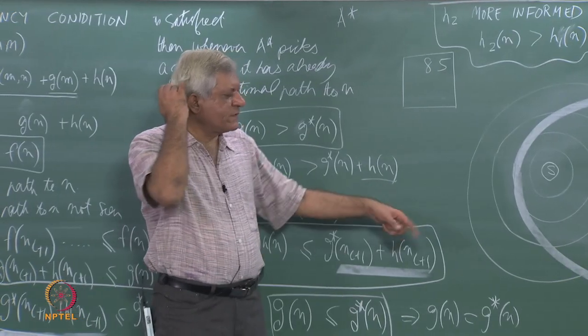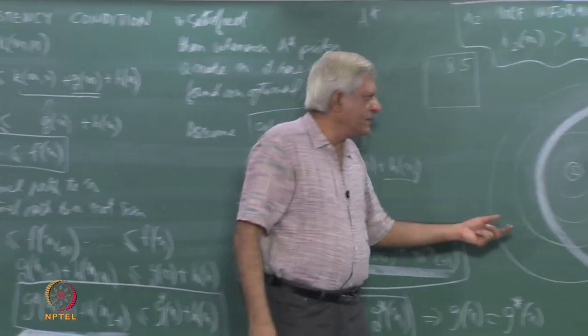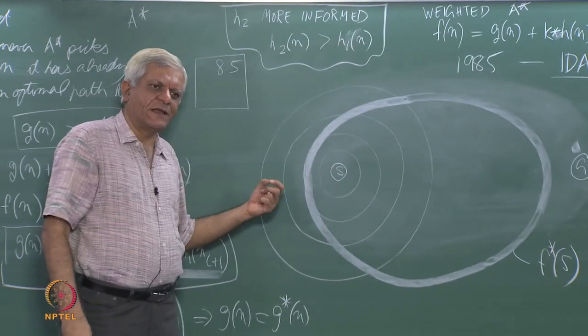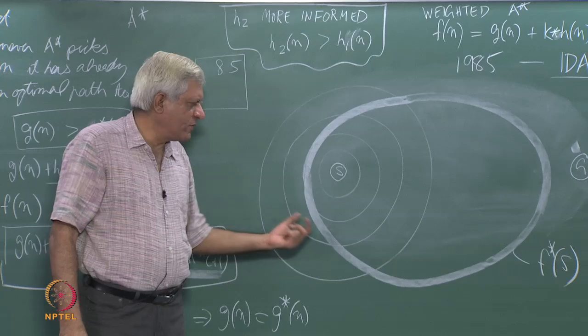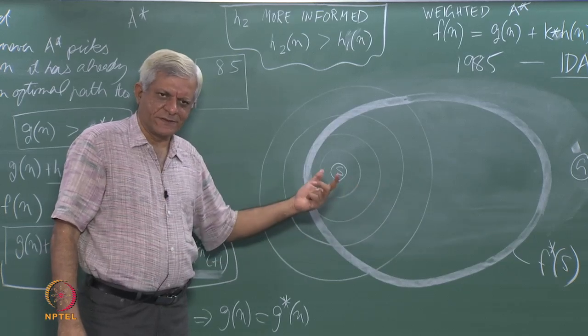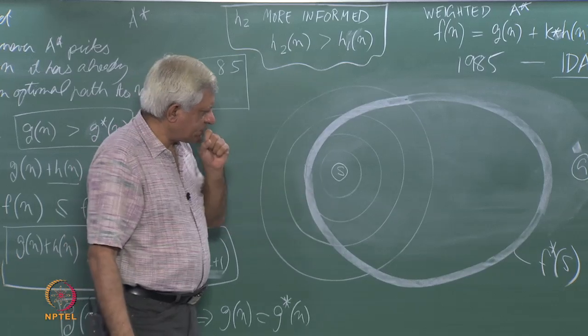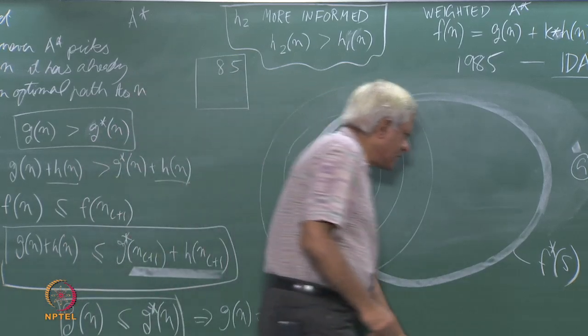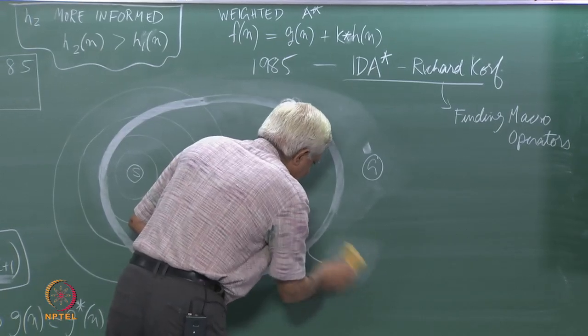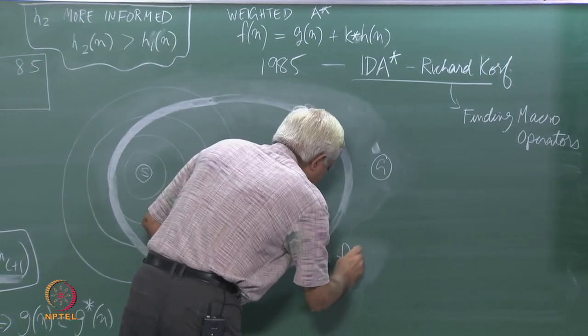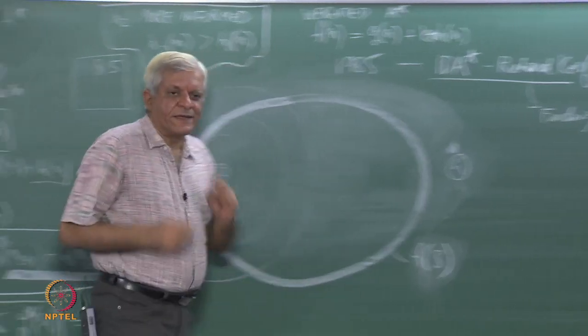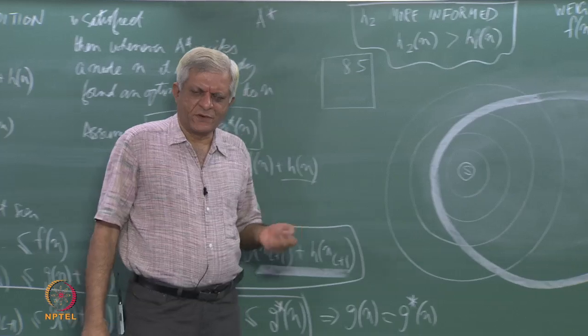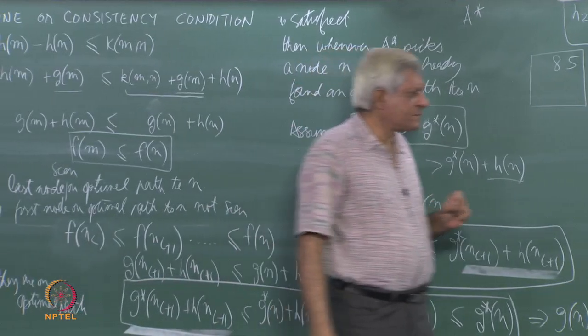So, this is the locus of f star of s, which means all the nodes on this boundary have f value equal to the optimal cost essentially. Sorry, not f star of s, f of s, the estimated cost, because you do not know f star of s, you know f of s.